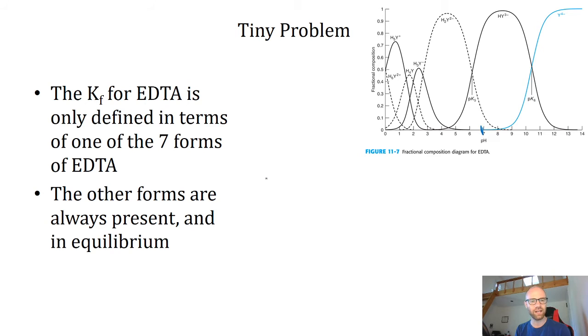So the bigger issue is, if we were to write out a mass balance for this, we could say that the formal concentration of EDTA is equal to the sum of all 7 species.